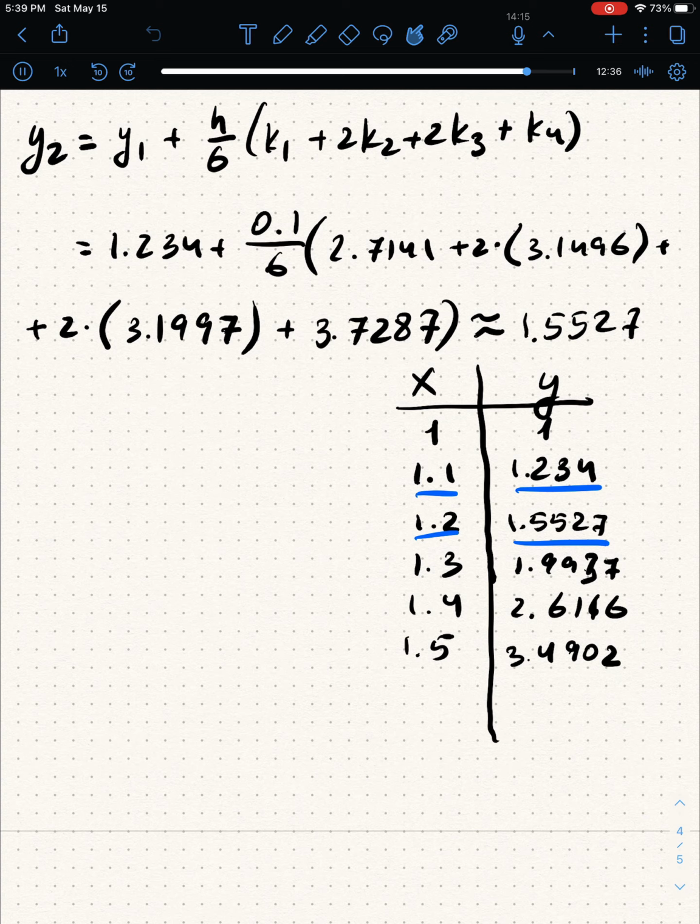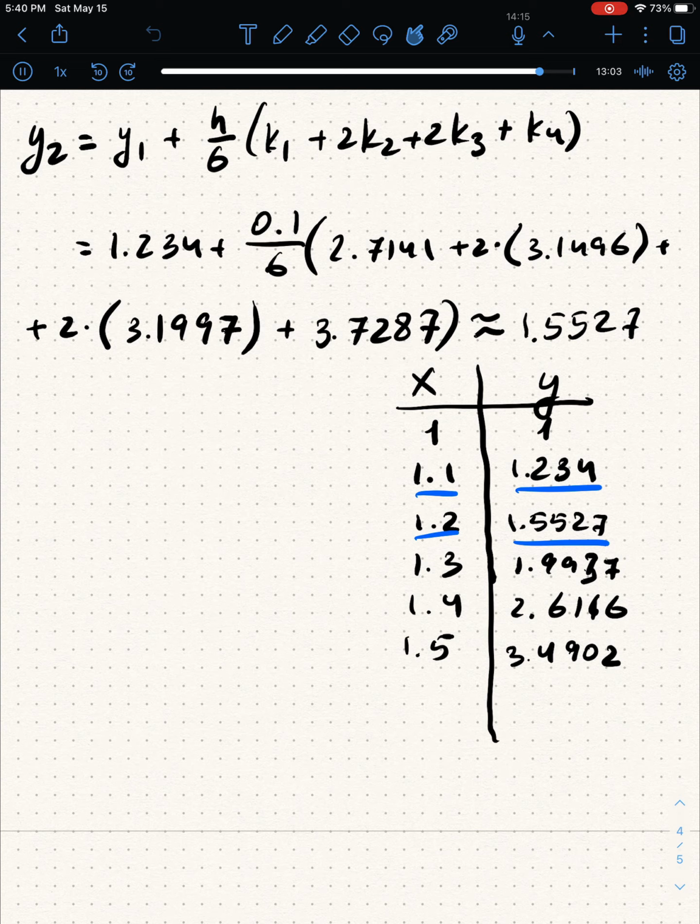But how do we know also that this method is so much better than Euler's method? We just check. Now we have our differential equation y prime equals 2xy. By this point, you should be able to solve that differential equation exactly.